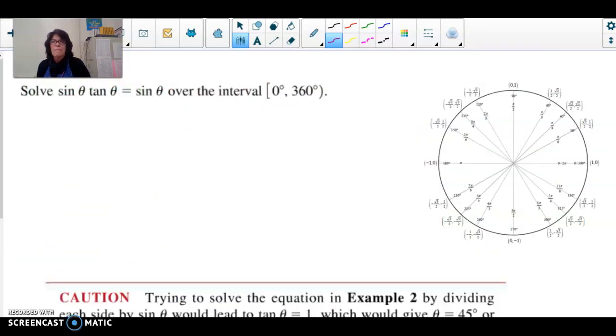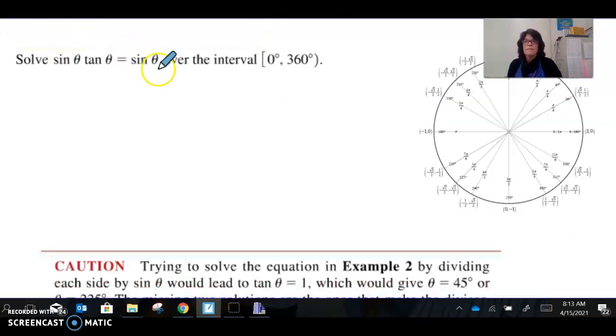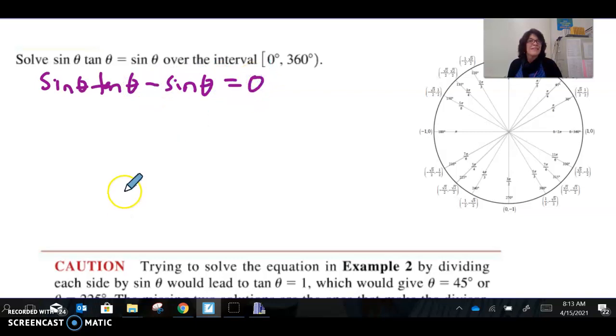All right? So, let's try this one. I don't have it equal to 0. So just like in a quadratic or any place where I might want to factor, I set things equal to 0. We're going to do those same type things in solving trig equations. Okay?